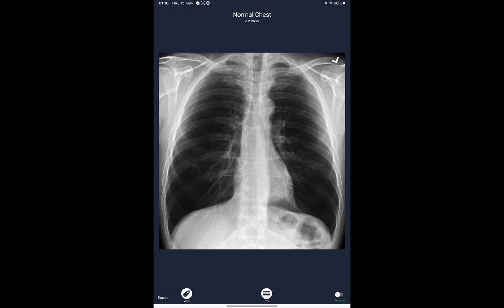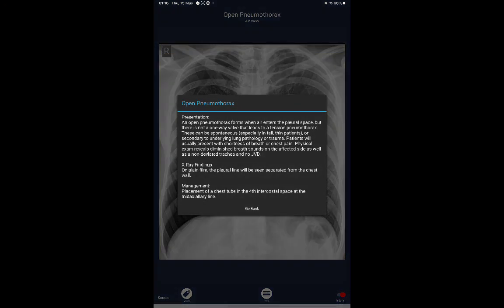In open pneumothorax, air enters the pleural space, but there is no one-way valve that leads to a tension pneumothorax. These can be spontaneous, without any fracture or trauma, especially in tall, thin, young patients, or secondary to underlying lung pathology or trauma.